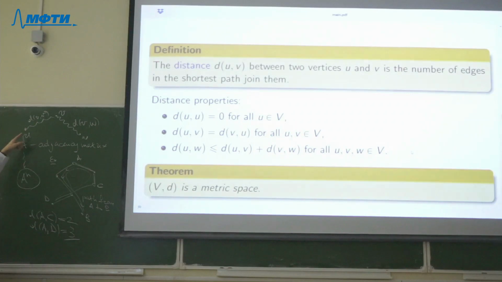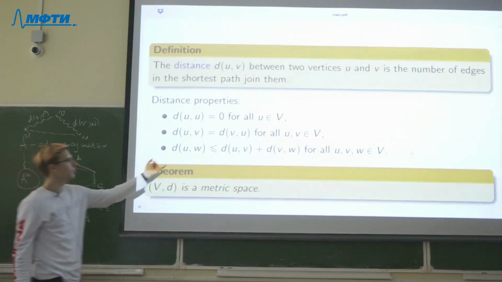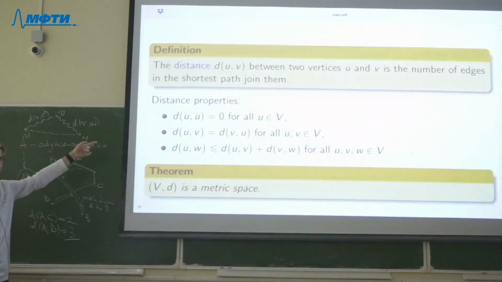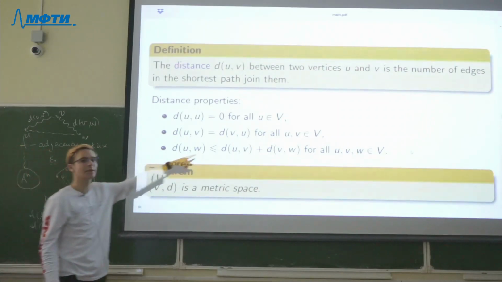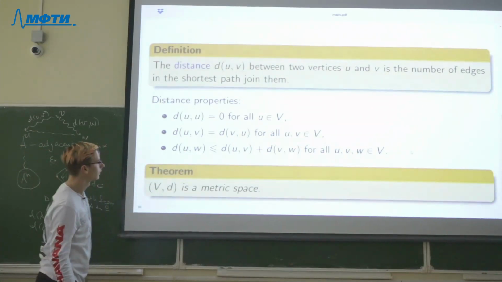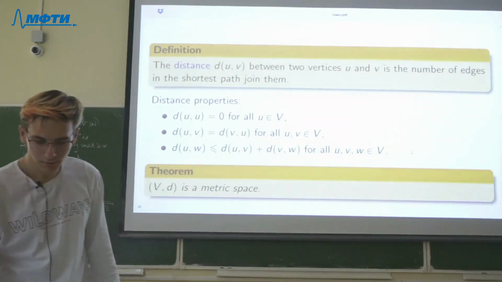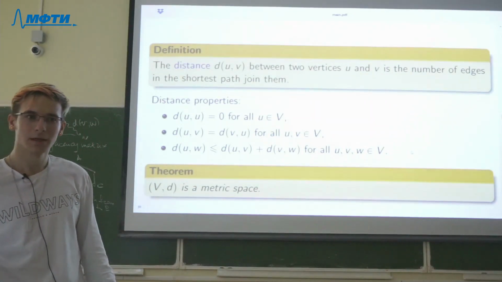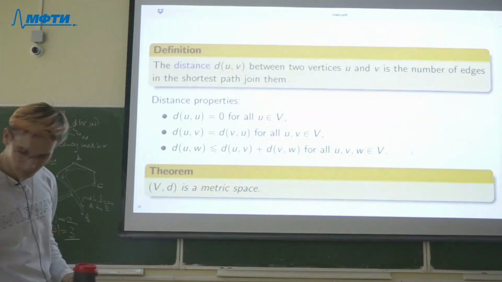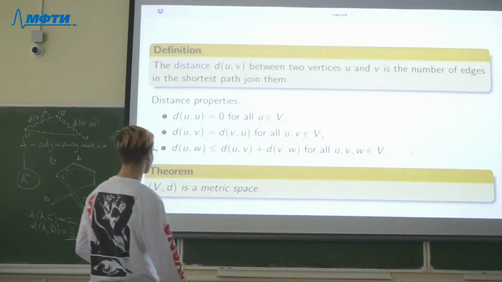And we can connect these two paths, and we have a path from U to W. But of course we can have other paths that can be smaller than the sum of these two paths. Okay? So it is an inequality. Like triangular inequality.